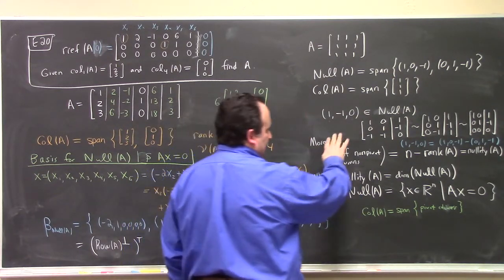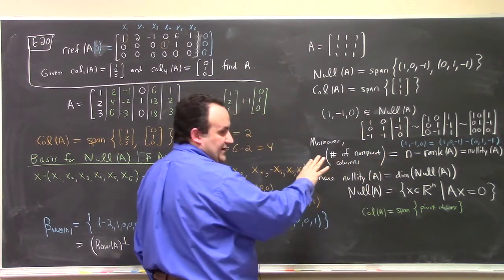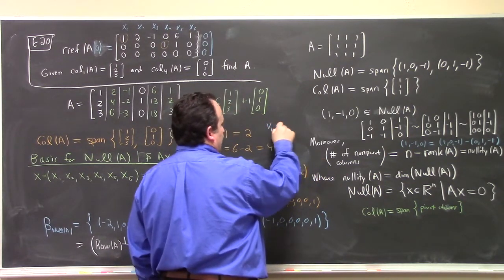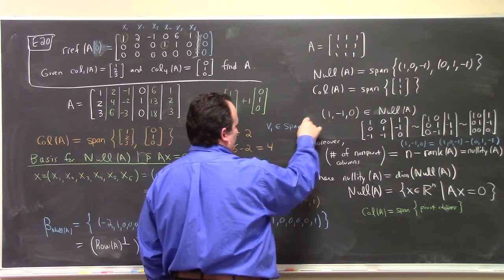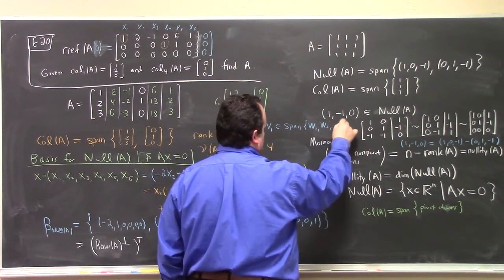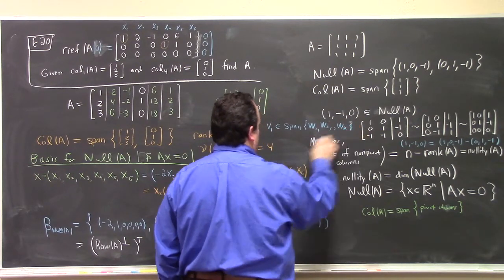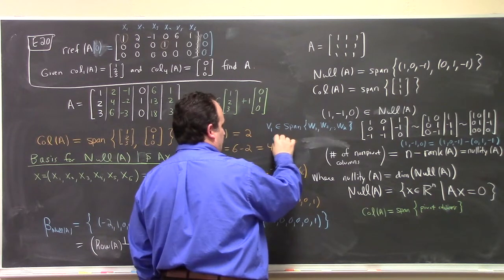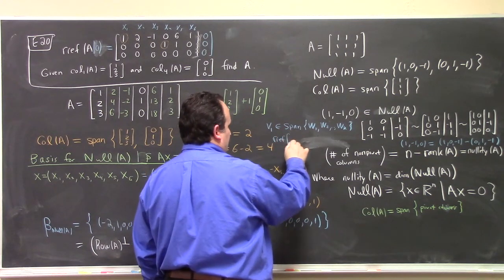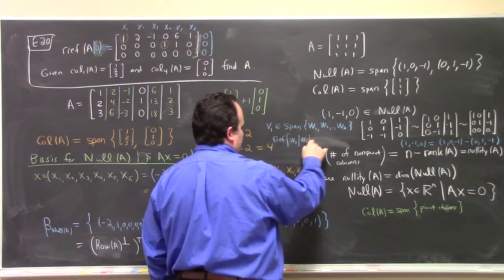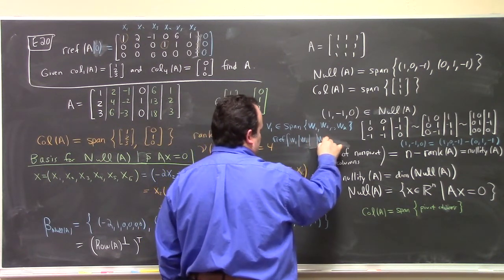So this is part of a general algorithm, right? To decide if vector v is an element of the span of W1, W2, ..., WK, right? You just look at the reduced row echelon form, or you don't even have to reduce all the way to the bitter end.